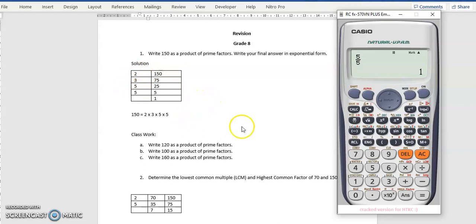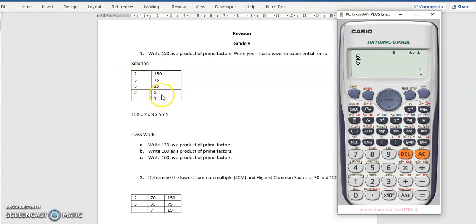So now it's complete for us to write the product of prime factors. So this 150 can be written as 2 times 3 times 5 times 5. These are all prime numbers and they are factors, so we call them prime factors.